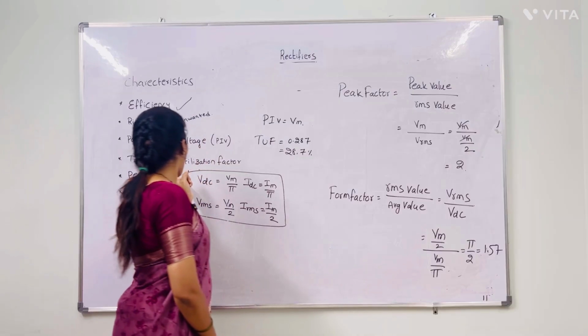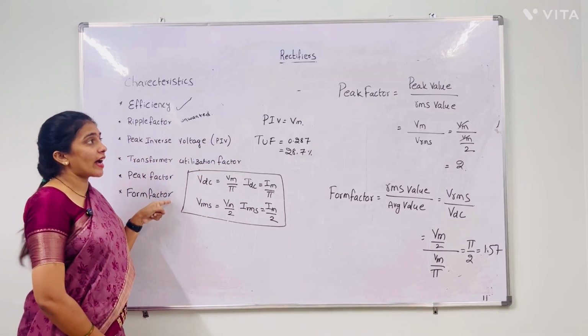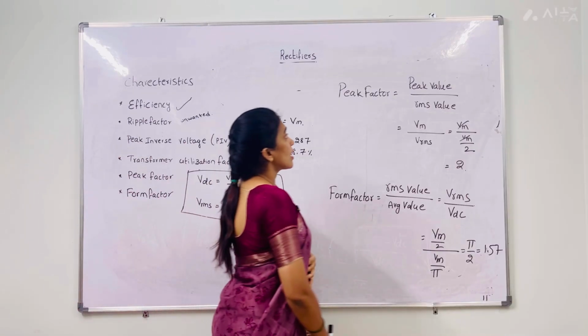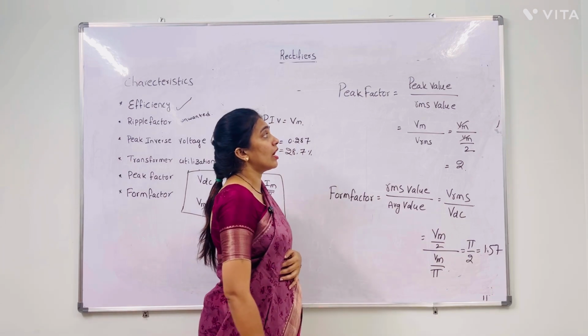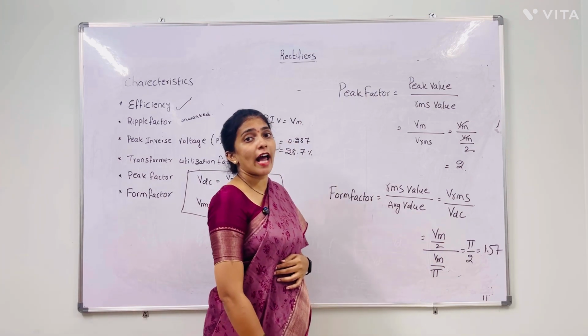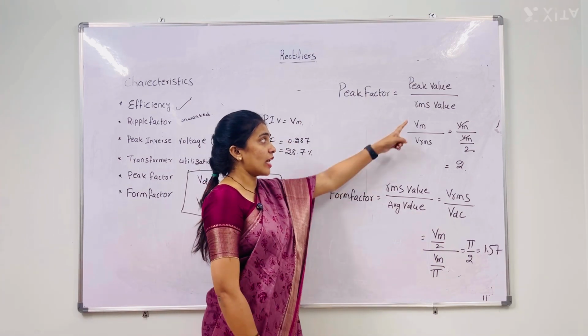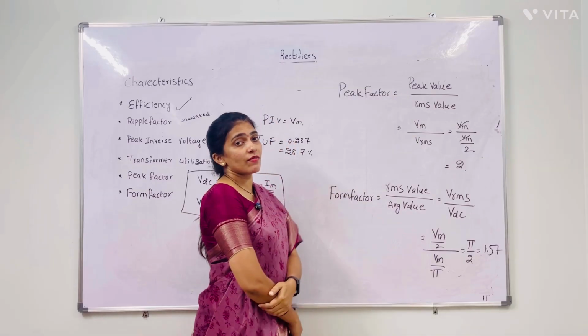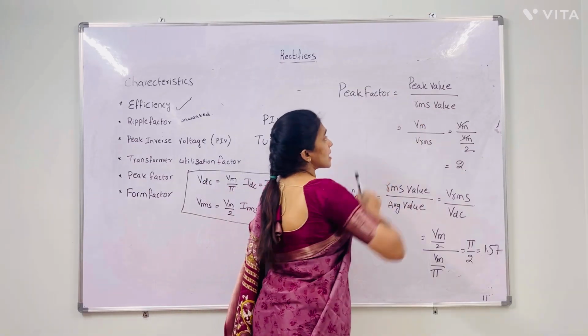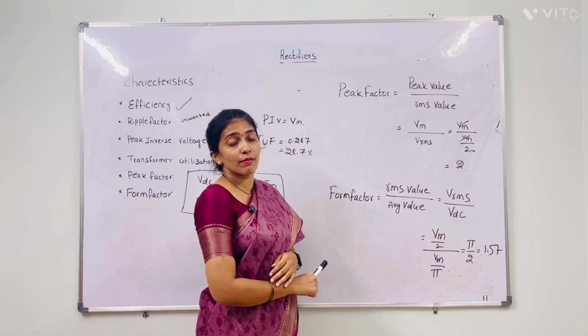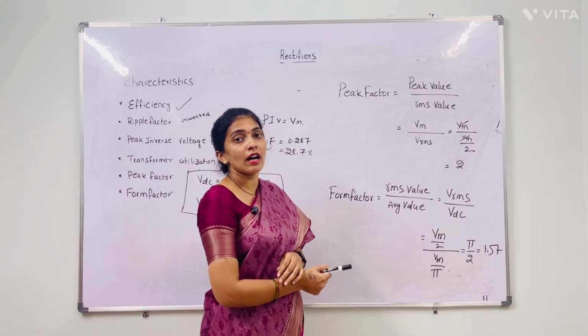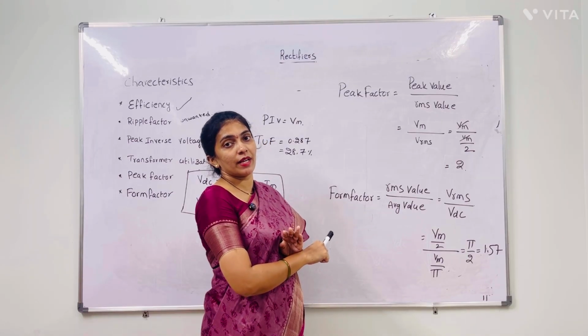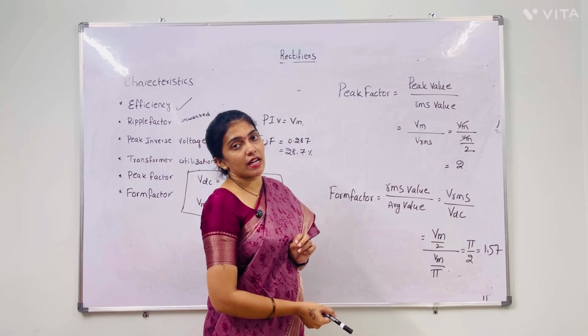The remaining two characteristics are peak factor and form factor. Peak factor is the ratio of peak value to RMS value. Peak value means the maximum voltage of the signal, at the positive side Vm, at the negative side minus Vm.